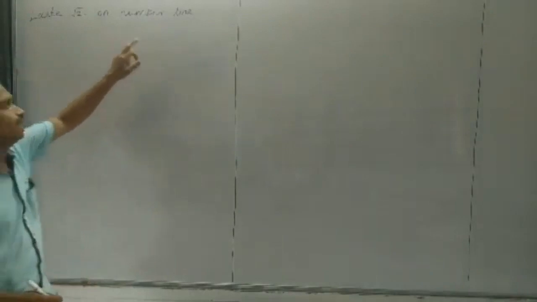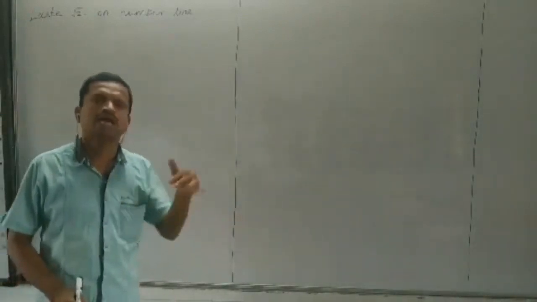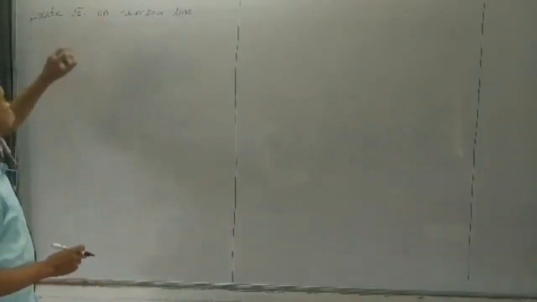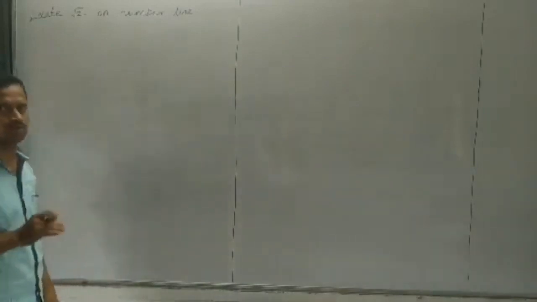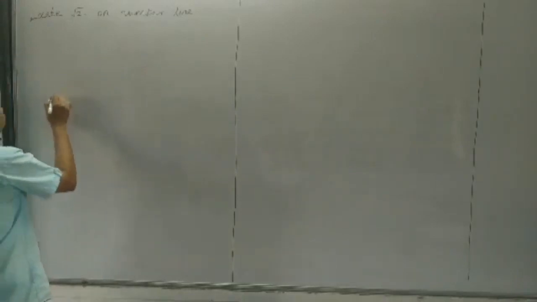So now locate root 2 on number line. Before that we located a rational number 3 by 5 like that. But now root 2. So how to do this? Listen carefully. Very easy only, but you have to focus here. So just you draw a number line.